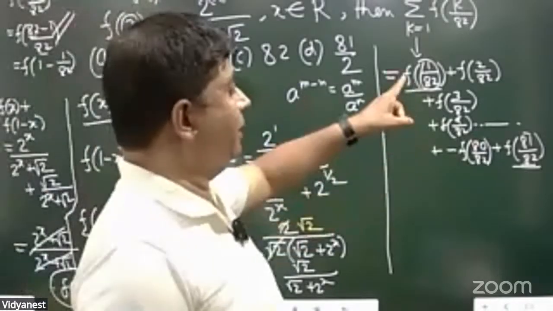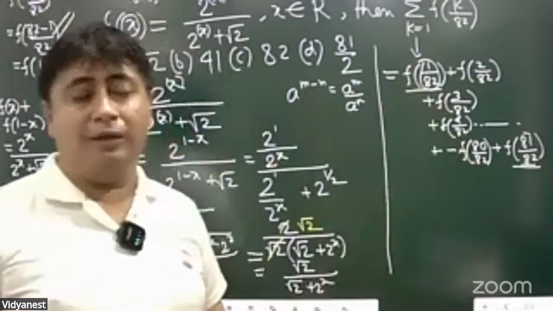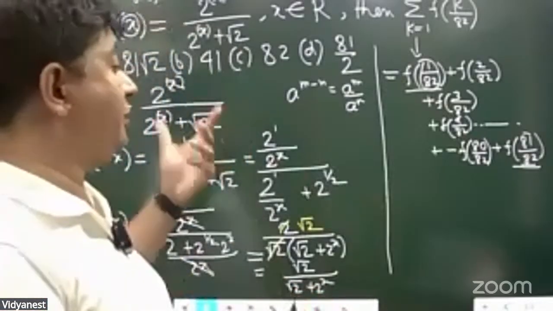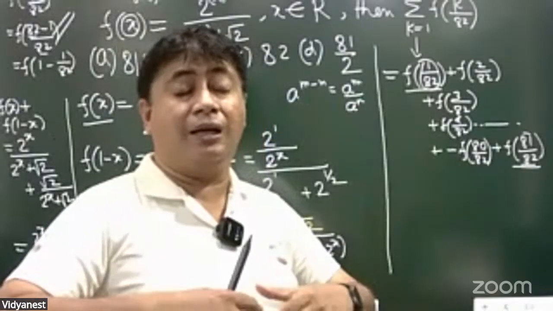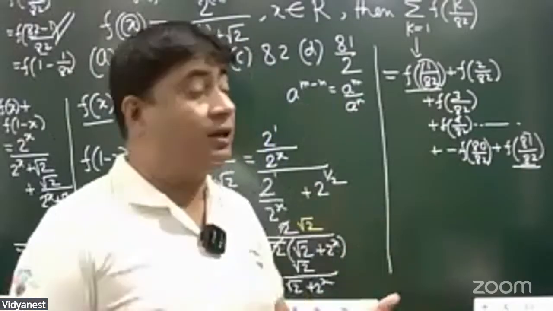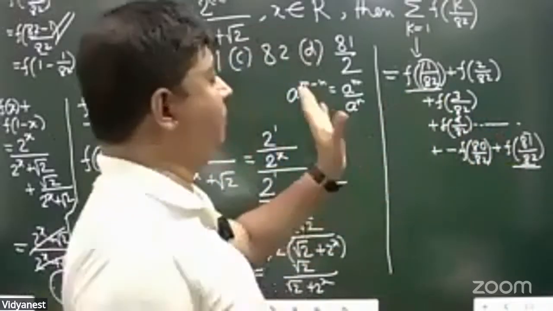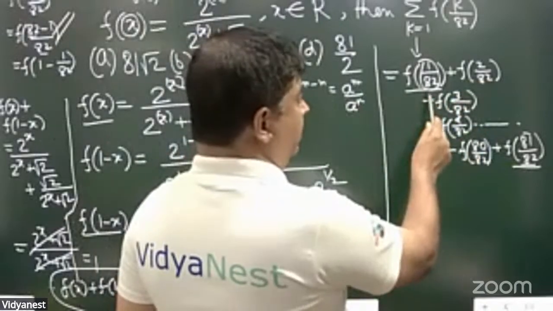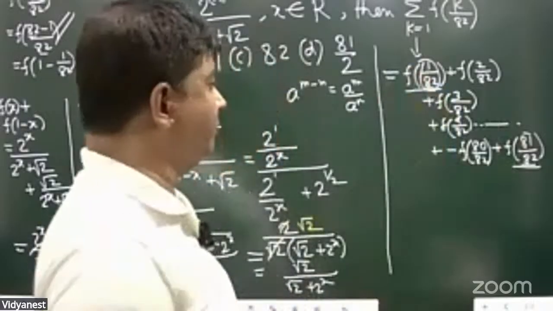See, here in this clubbing, suppose in your school, in a physics practical or computer practical, teachers ask you to make groups. How? Roll number 1 and 81 will be clubbed. See, the denominator is 82, so 1 and 81 give you 82.